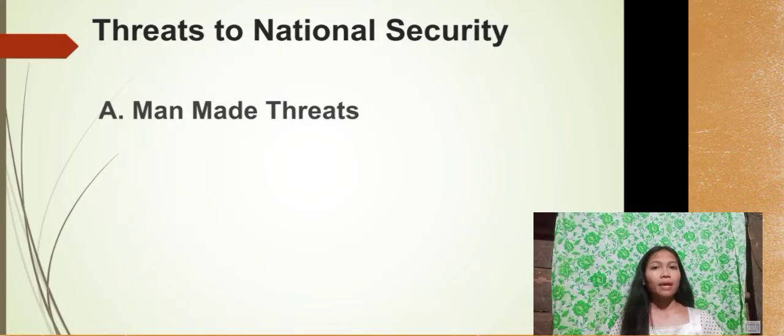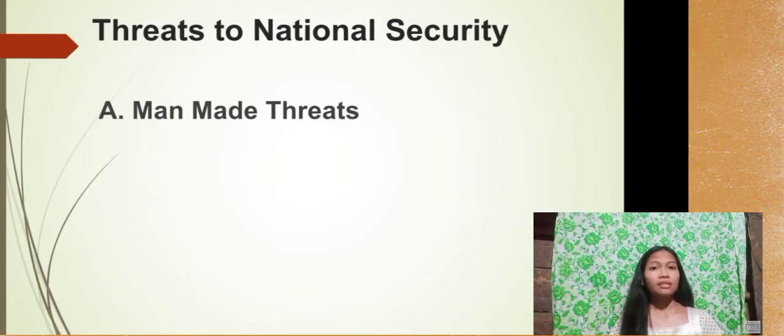And now, we have national security threats. First, the man-made threats. Man-made threats refer to dangers or risks that are created or caused by human actions rather than natural events. In national security, it may be intentional or unintentional, caused by individuals or groups.